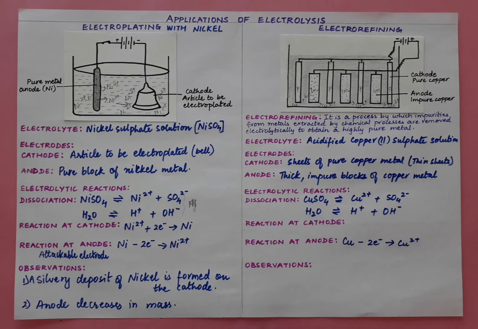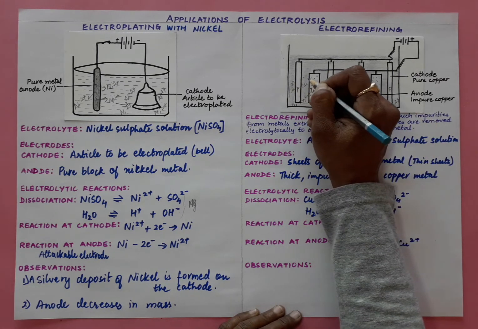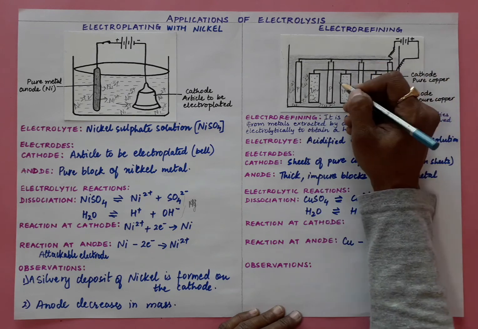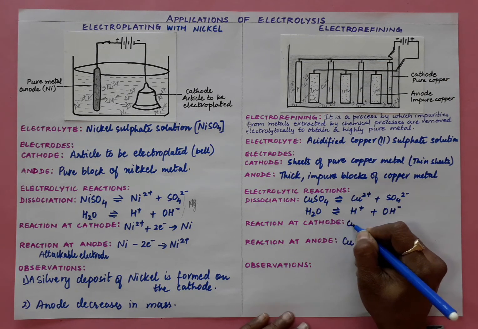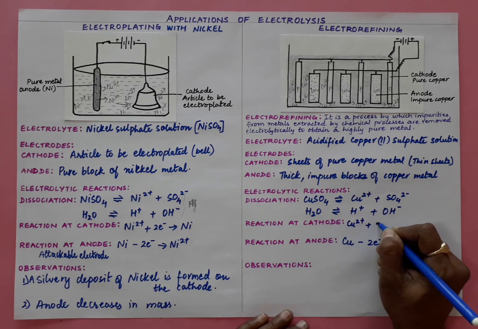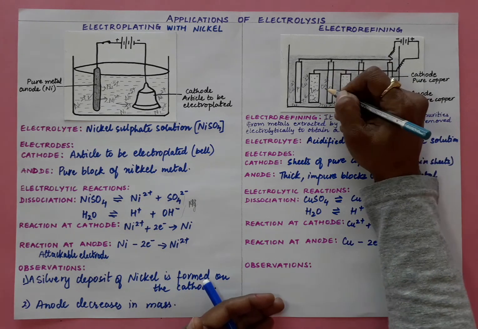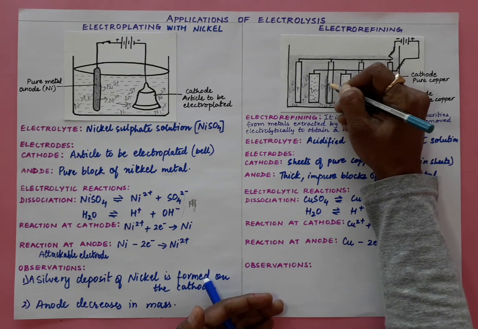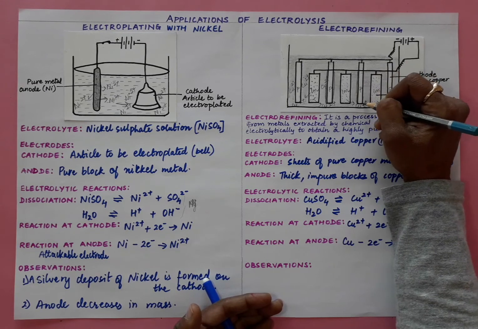On the other side, all these cupric ions present in the solution, which are coming from the anode, will get attracted towards the cathode. The copper ions will gain 2 electrons and become copper metal. So we will see that a pinkish deposit will form on this cathode, and this cathode will become thick.